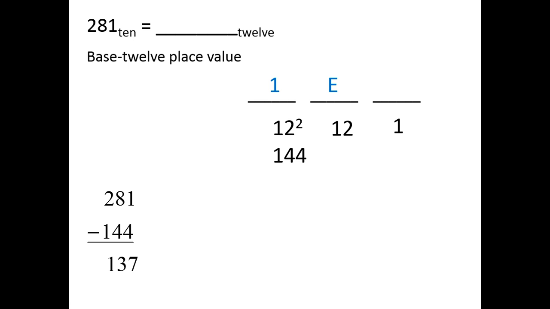So 11, remember, we represent with an E. So there's 11 12s in 137. 11 12s is 132. And that leaves us with 5 left to represent in the 1s place. So 281 base 10 is the same as 1E5 base 12.